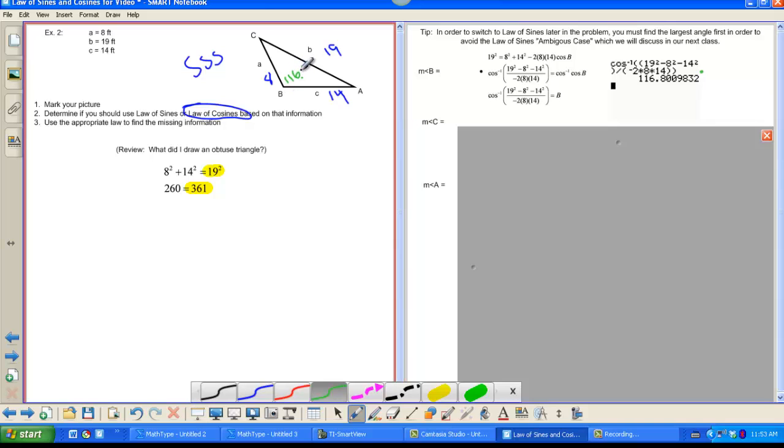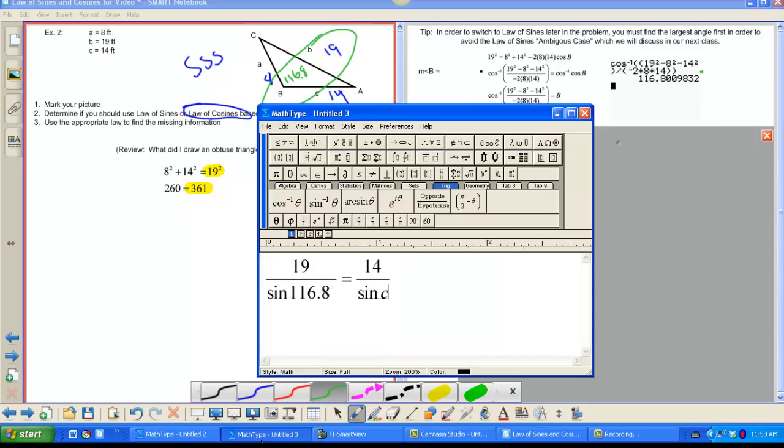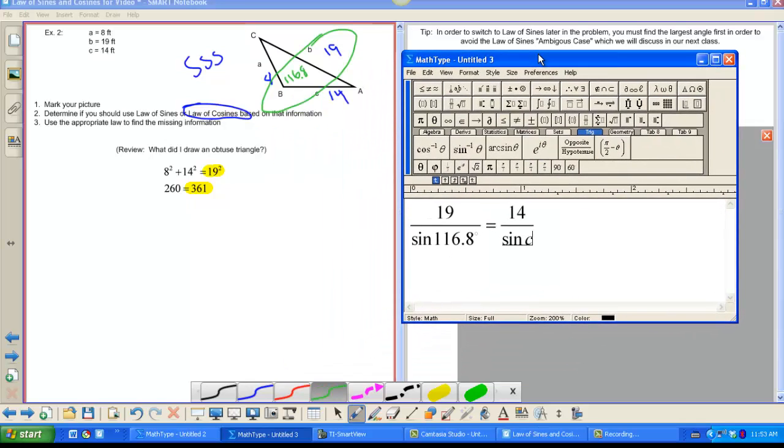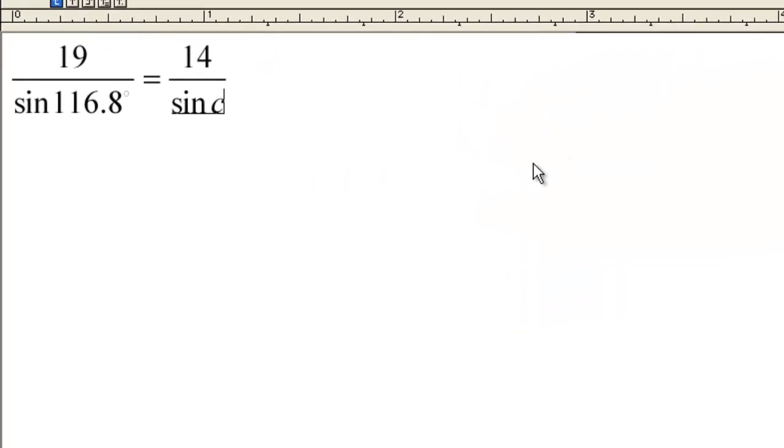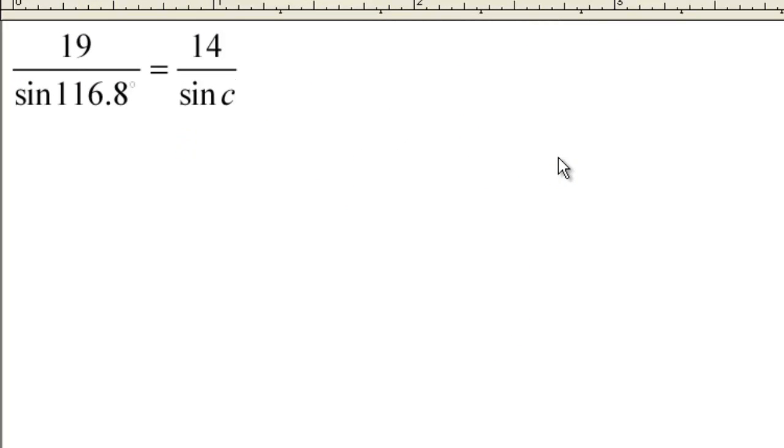Now we're going to go to the measurement of angle C. Now that I know that angle B is 116.8 degrees, I can switch to law of sines because I have the B family. So when I do that, 19 over the sine of 116.8 equals 14 over the sine of C. Let's math type this out.